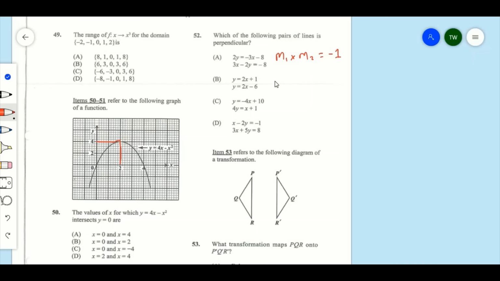Now let's look at C here. Note that C, the first equation, is written in the form y equals mx plus c. So C is going to be y equals -4x plus 10, right?